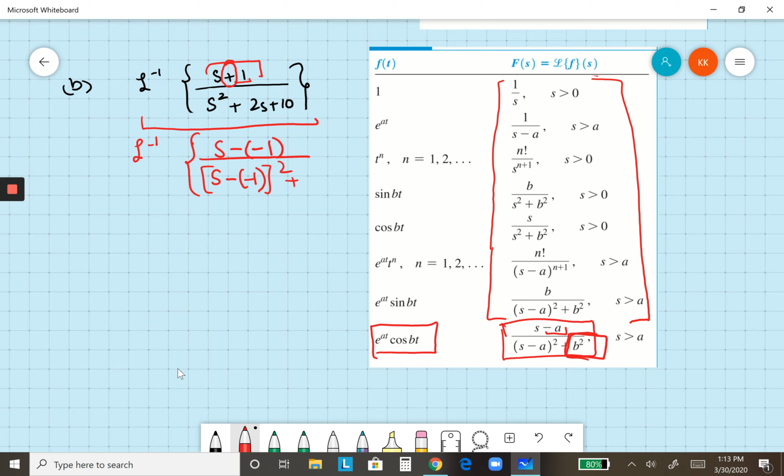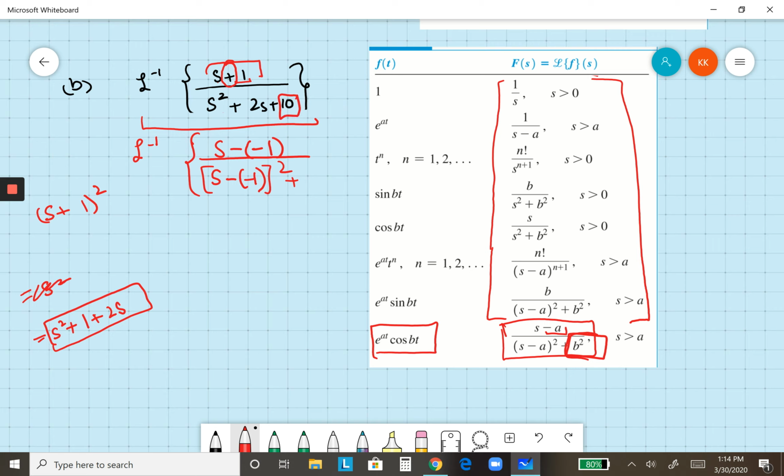So if we open the square of s plus 1, we'll get s squared plus 1 plus 2s. So from here we know that, in the problem we have 10.